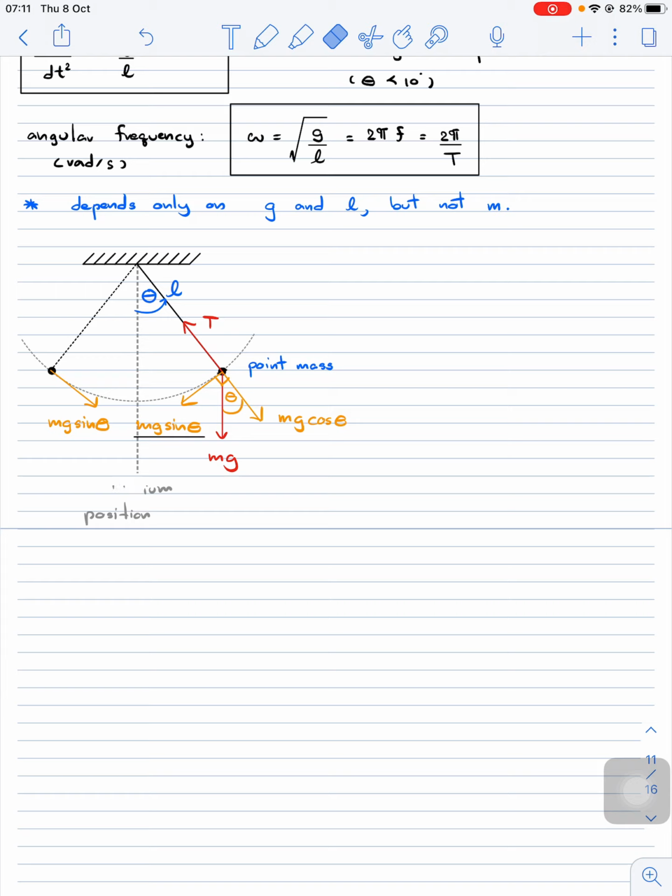Just keep in mind that this is the equilibrium position of the system, of the bob. Let me take this one out, and this one as well.